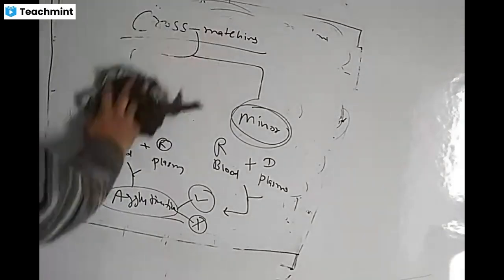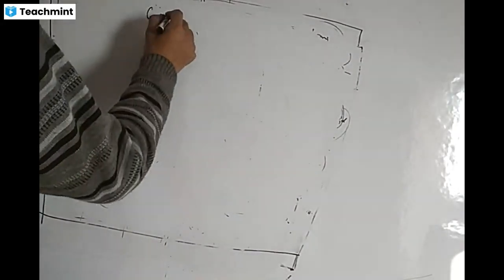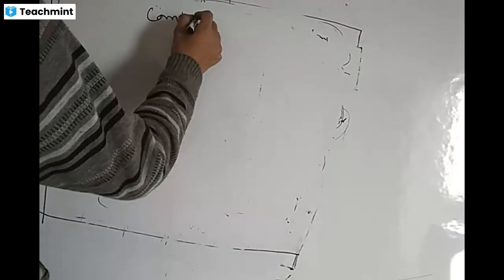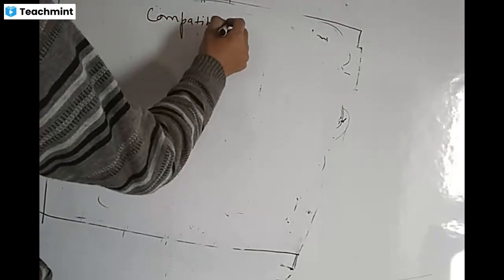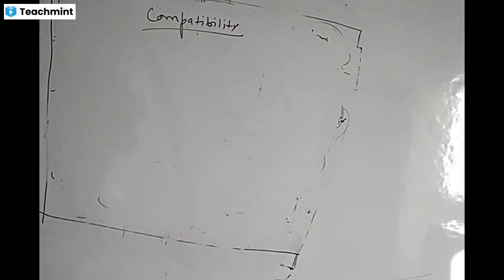So in case of incompatibility, we should not go for the blood transfusion. Then if there is compatibility between the blood of donor and the recipient, then we'll move ahead.